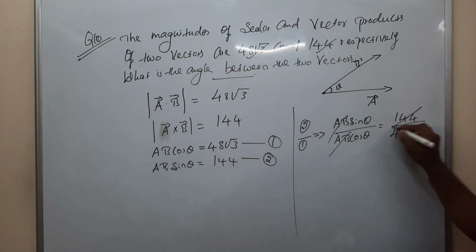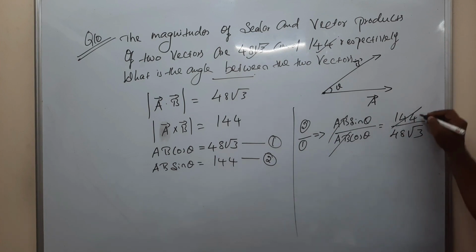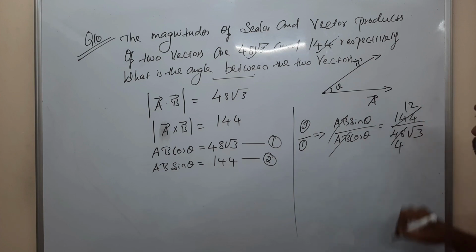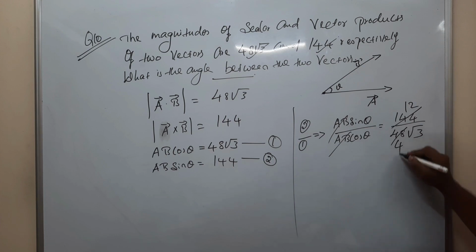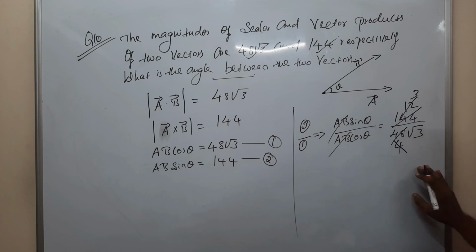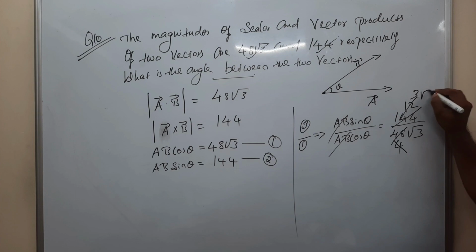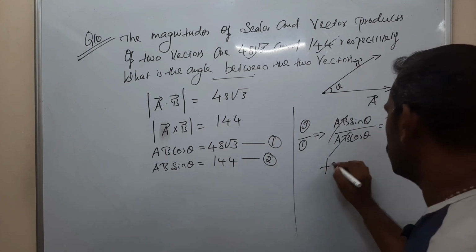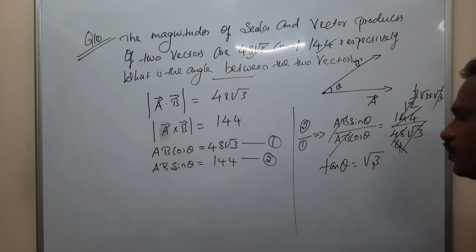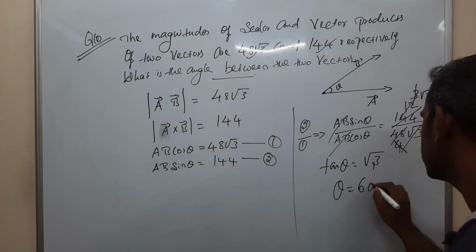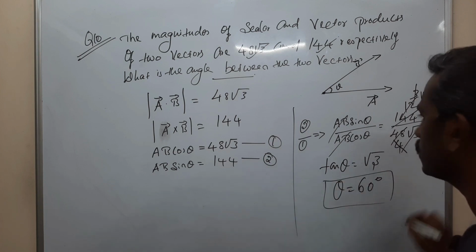Cancelling with 12, 12 12s are 144 and 4 12s are 48, so we get 3 divided by root 3. We can write 3 as root 3 into root 3, so root 3 cancels. Tan theta is equal to root 3, so theta is equal to 60 degrees, a standard angle.